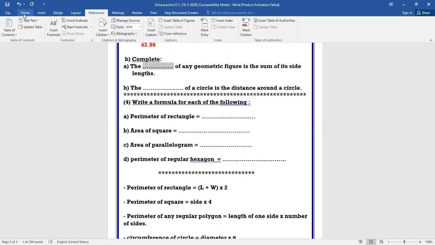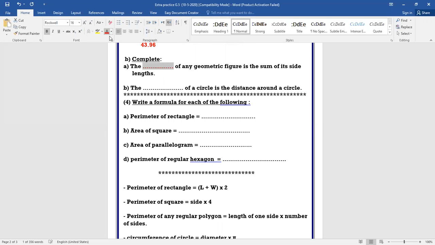If you add the sides, you will find the perimeter. The circumference of a circle is the distance around the circle.